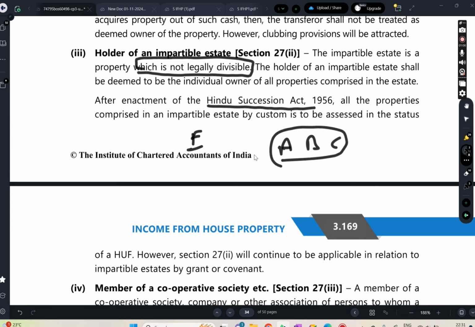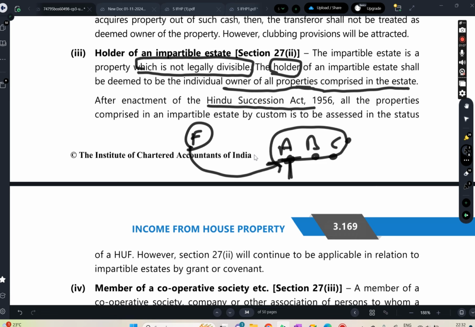There is a father and the sons are A, B and C. There is a property, but it is still in the court, and we are not sure to whom it will come, whether A, B or C, and we are unable to divide it as this is A's property, this is B's, this is C's. Then we will consider the holder as the owner of all properties comprised in it, until it is settled. Normally it is in the court.